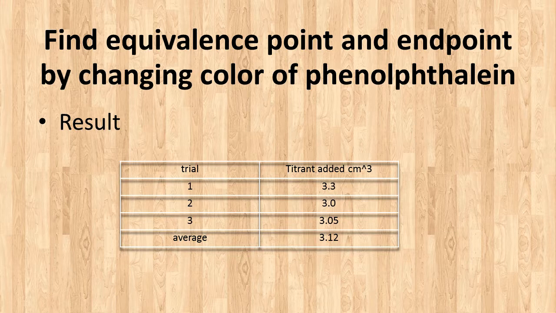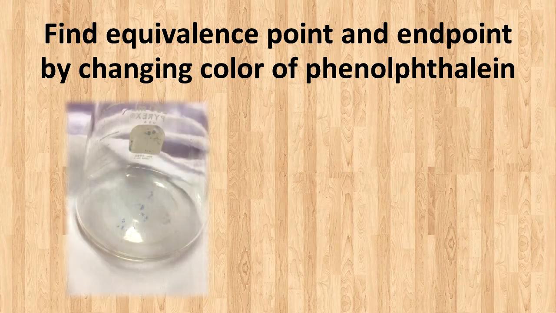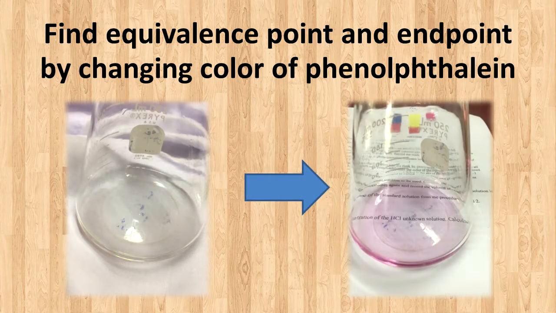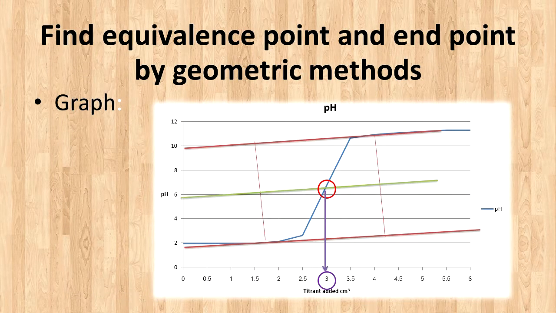The average volume of sodium hydroxide needed to titrate the unknown is 3.12 ml. When the sample is titrated completely, the color of the solution will change to pale pink like in this picture.